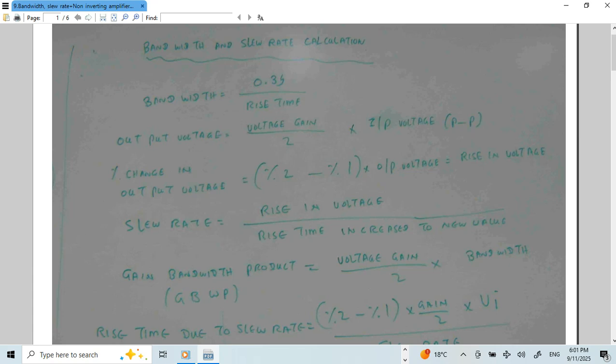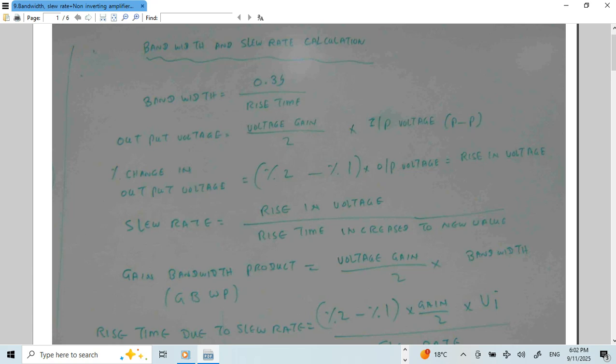Another one will be the percentage change in the output voltage. This is percentage 2 minus percentage 1, multiplied with the output voltage.